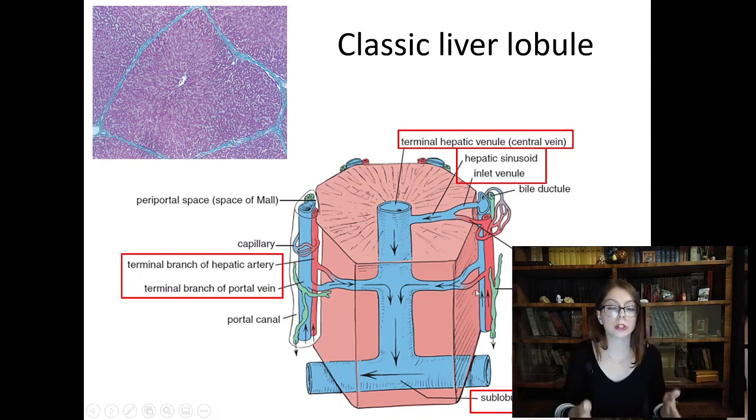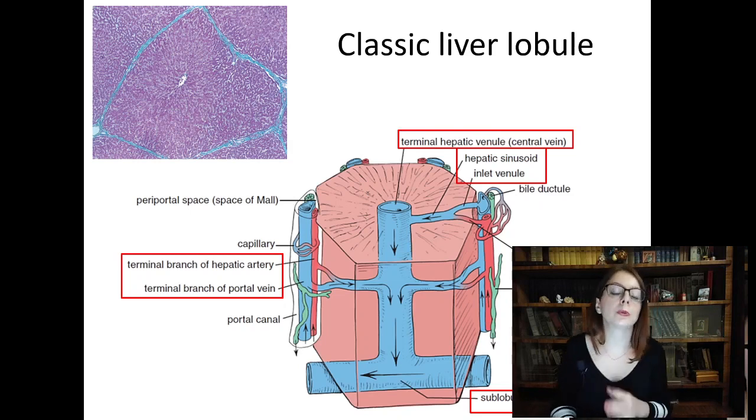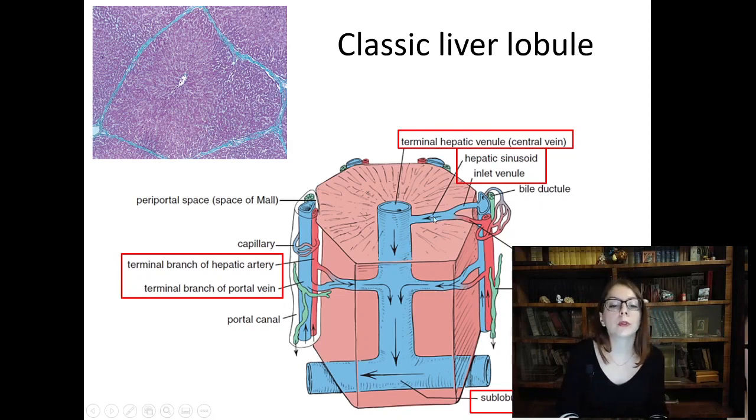So let's return to the classic liver lobule. Now we understand it receives not only arterial blood for oxygen supply, but venous blood as well. Both the inlet arterial branch and the inlet venule fuse, and with their confluence we have the sinusoidal capillaries. You remember that the liver is one of the examples for the location of discontinuous or sinusoidal capillaries, which are the most permeable, because here active exchange of metabolites takes place.